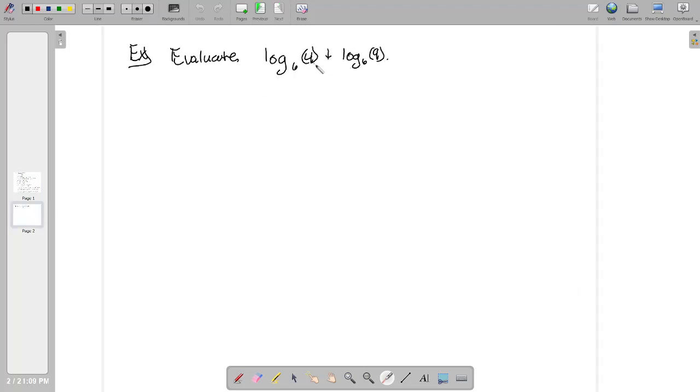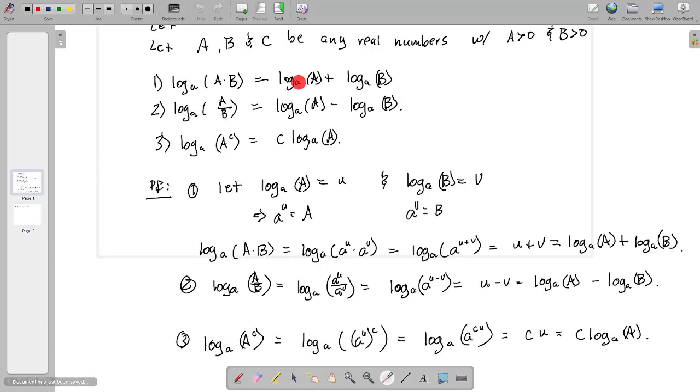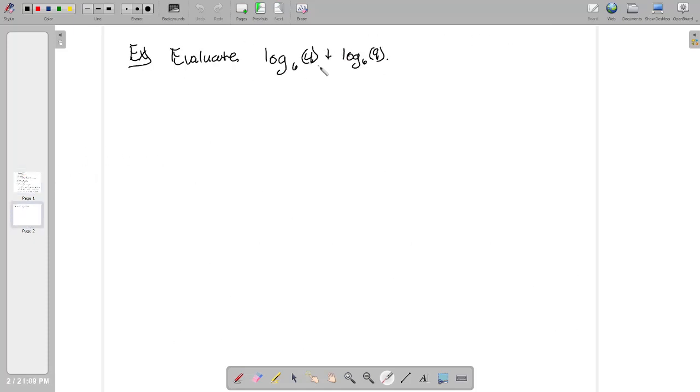So we go back to our example here, and we have the base is 6. So our lowercase a in this case is 6. Our uppercase A would be 4, and our uppercase B is 9. So we can rewrite this as log base 6 of 4 plus log base 6 of 9 is equal to log base 6 of 36.